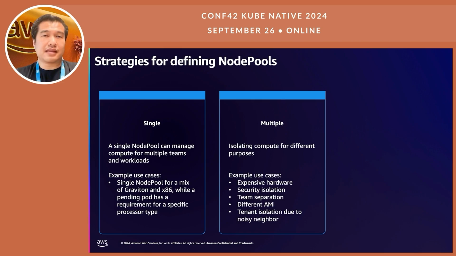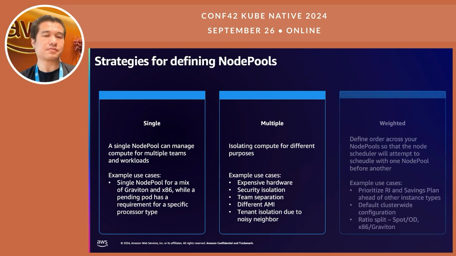Some of the teams need the GPU workload, or you have different images or AMIs in your workload, like one workload uses Bottlerocket and one workload just uses EKS optimized or something like that. So you can have multiple node pools to support different kinds of workload.